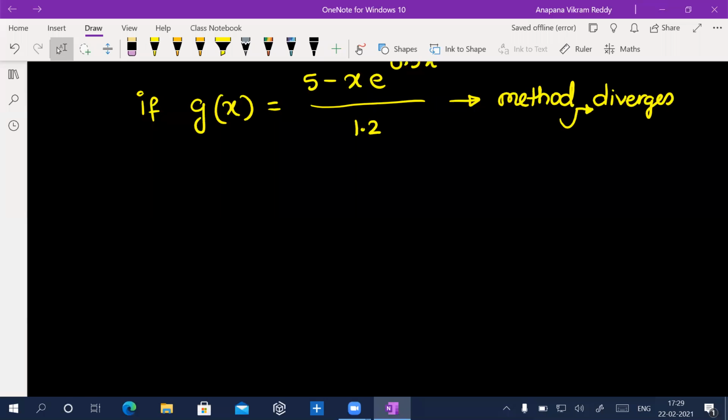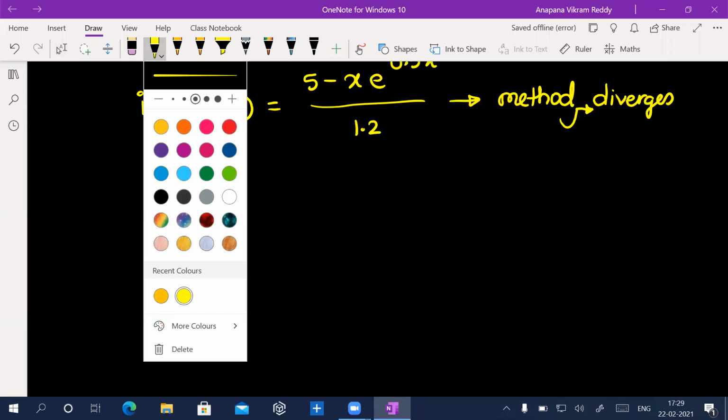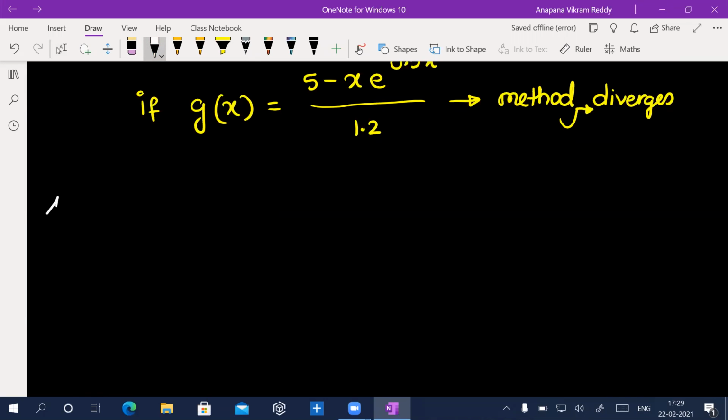Then I'll take case 2. Let me use some other color for case 2. My case 2 I will take like this: x equal to g of x form. So I'll take x is equal to 5 by e power 0.5x plus 1.2. In the exponent I have 0.5x.